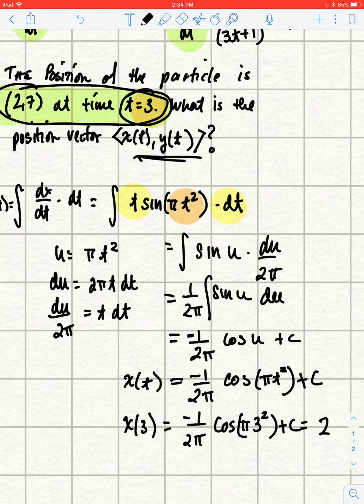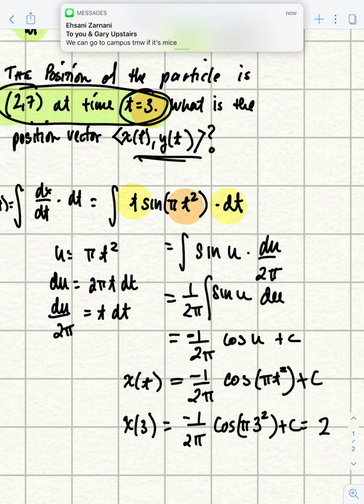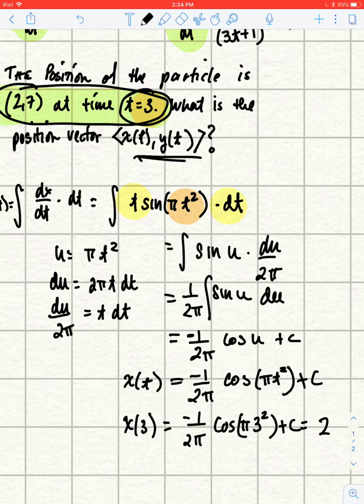So here, this is cosine 9 pi, which we know any odd multiple of pi for cosine is going to be -1, so this winds up being 1 over 2 pi equals 2.